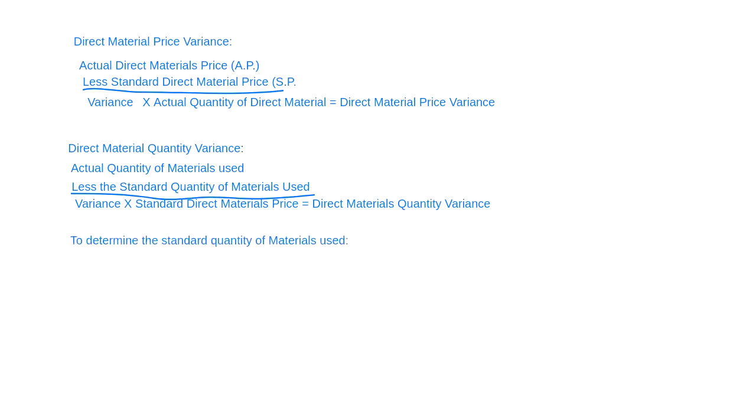To determine the standard quantity of materials used, you're going to take the standard number of yards, in this case the standard number of yards of fabric, and then you're going to multiply that times the actual units produced.